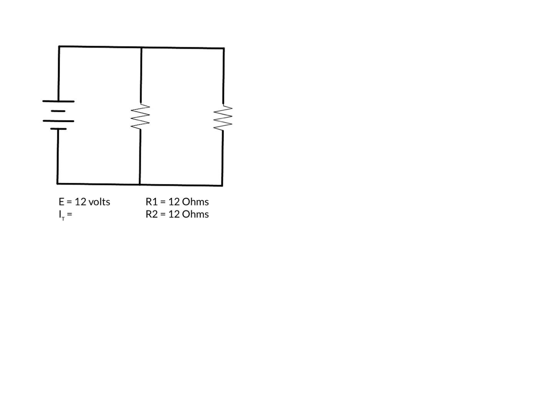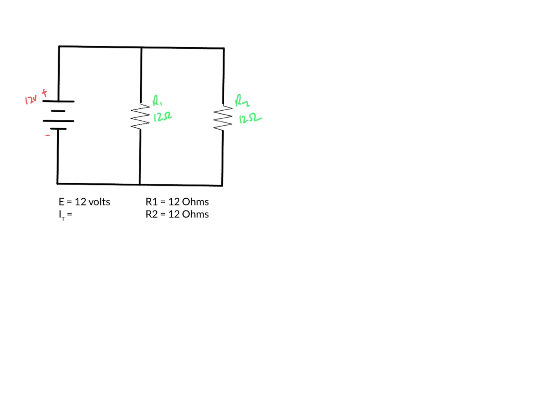Okay, let's take a look at this problem here. So again, I like to mark what's going on here. We know the voltage, we don't know the current in this case for this one. We know R1 here is 12 ohms and R2 is 12 ohms, like so.